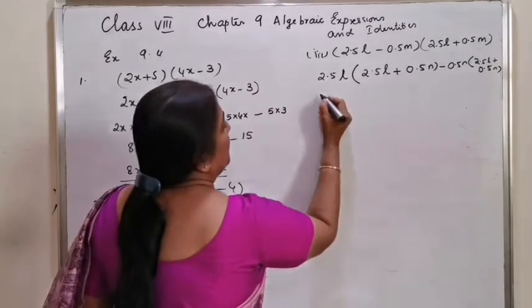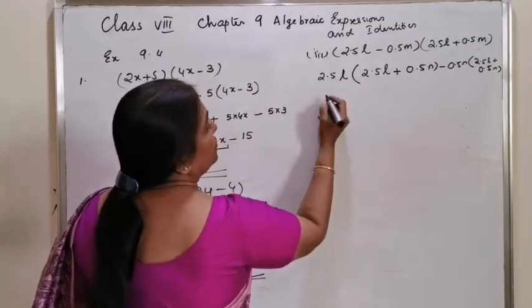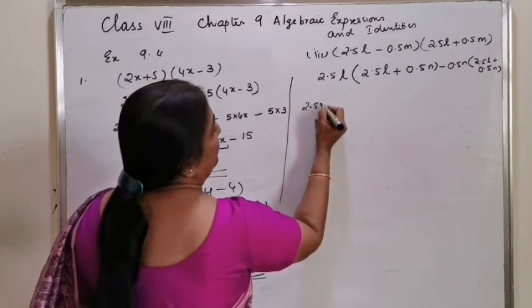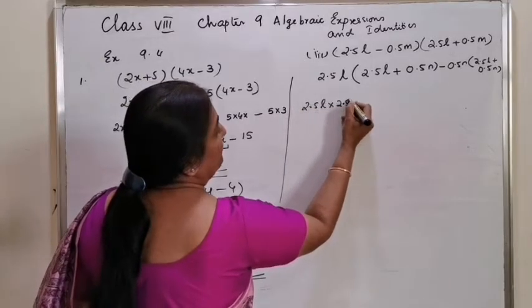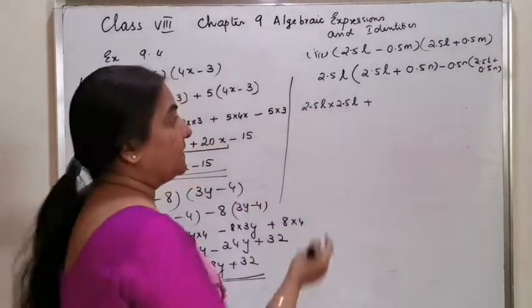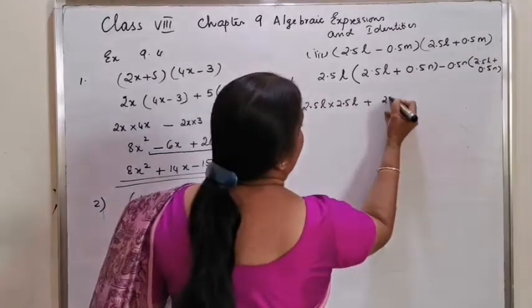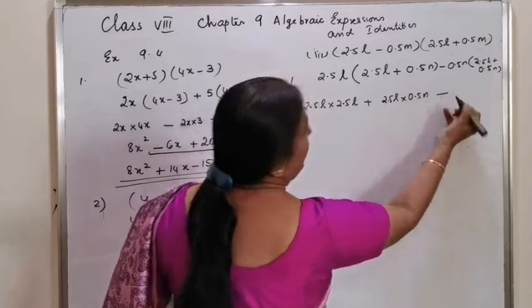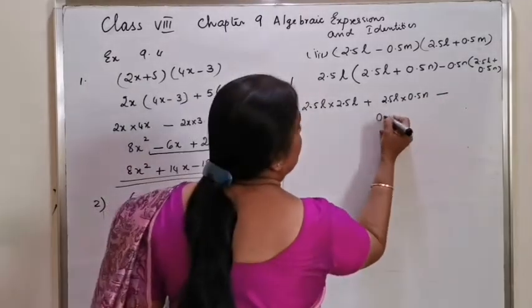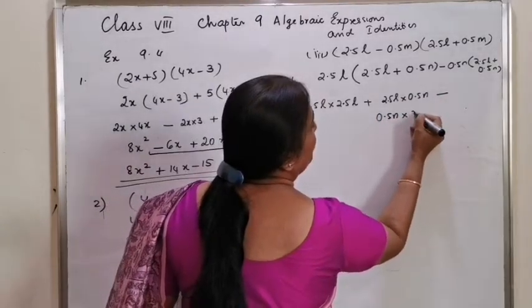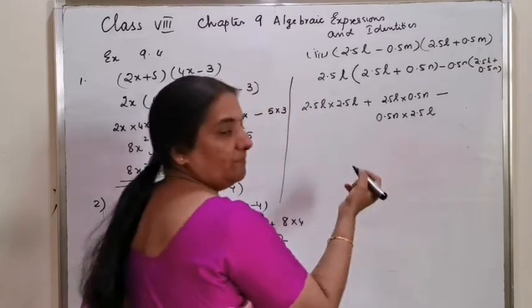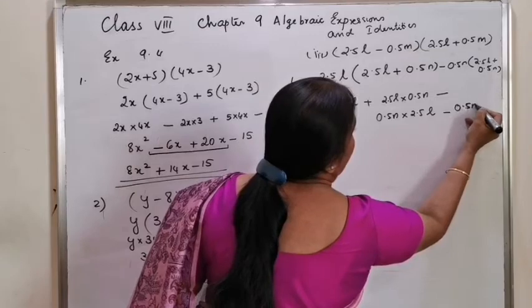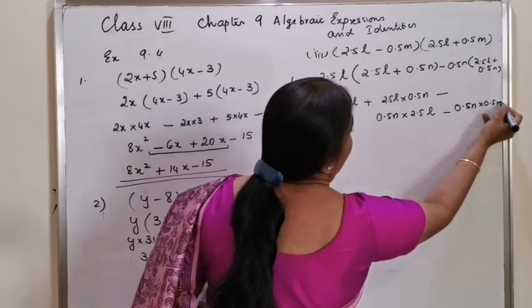Now, 2.5 into 2.5, let's write all the steps. 2.5L into 2.5L plus 2.5L into 0.5N, minus 0.5N into 2.5L, minus into plus is minus 0.5N into 0.5N.